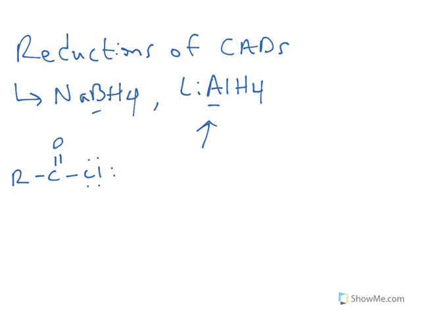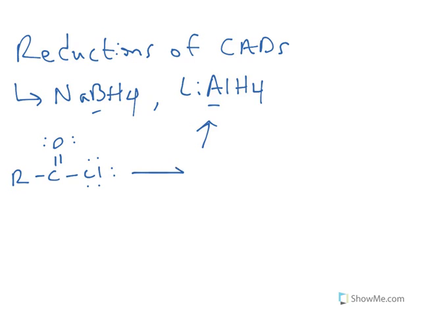So in essence, we can reduce acid chlorides quite easily with sodium borohydride, all right? What's going to happen here is we need to think about these group 13 hydrides as nucleophilic sources of hydrogen. So what are we swapping out here? We're swapping out the chlorine for a hydrogen.